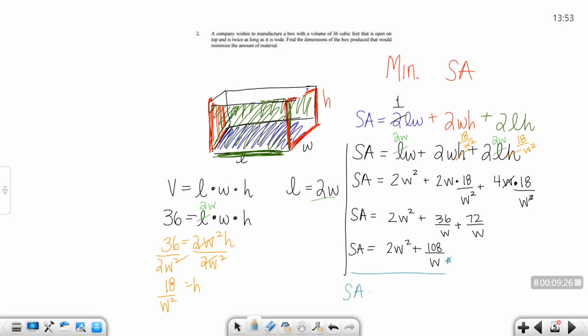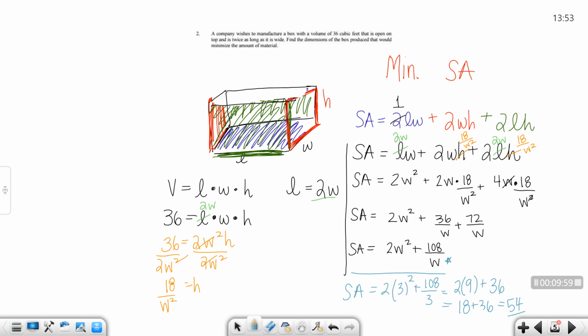So the surface area would be 2 times 3 squared plus 108 divided by 3. And 18 plus 36 would be 54. So 54 would be my surface area.